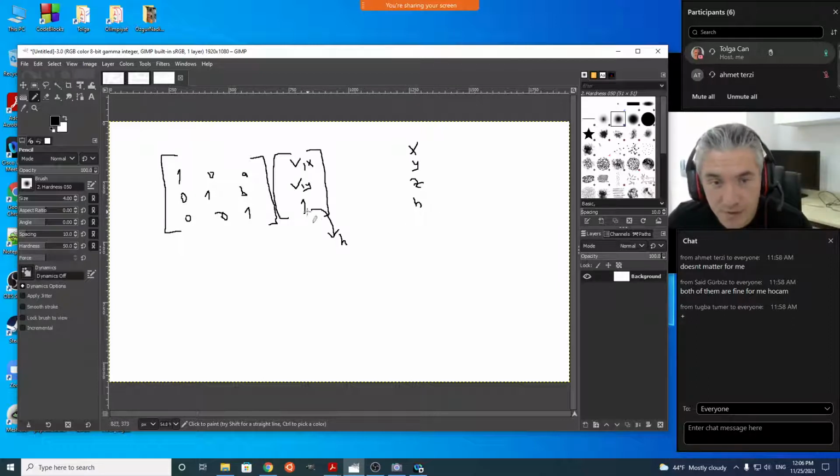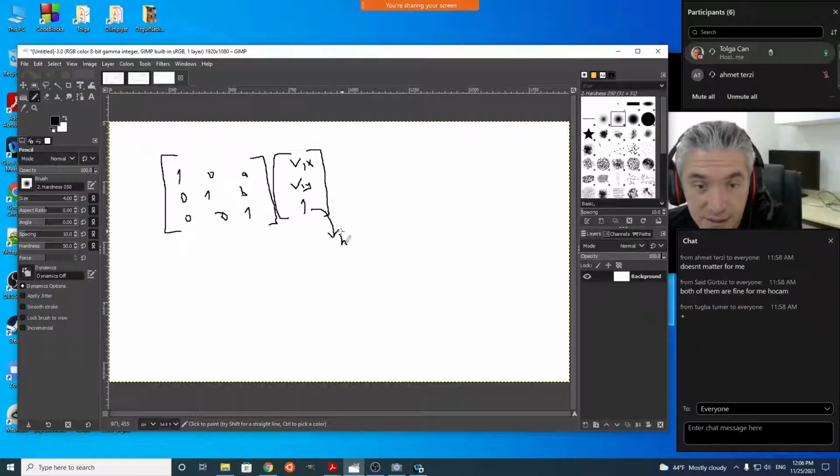Its main purpose is going to become clear. It will serve multiple things. For example, in perspective projection transformation, we'll have this h be something other than 1, but we'll come to that later. But its purpose right now is quite clear.